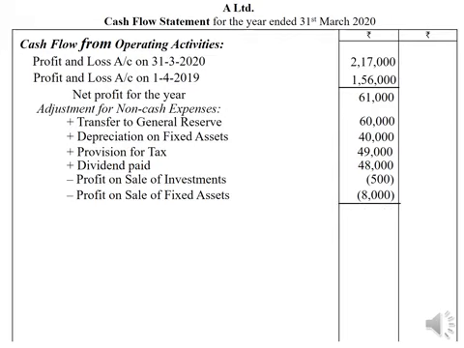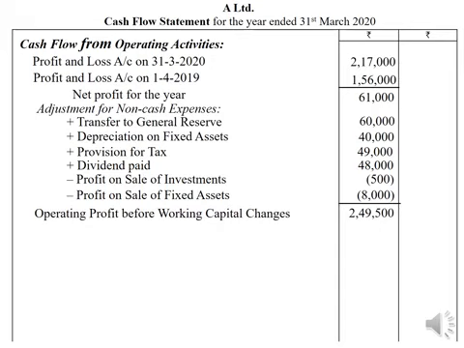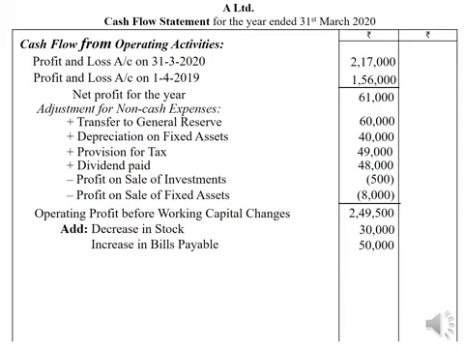Adding and subtracting these items, we get 2,49,500 as operating profit before working capital changes. Now adjust for increase and decrease in current assets and current liabilities. First, add items. Decrease in stock worth rupees 30,000. Increase in bills payable rupees 50,000 are added.